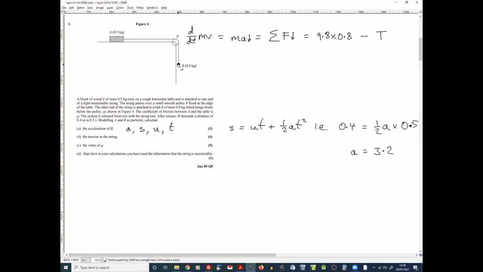So the effect of the friction at A is communicated through the wire. So B, all it knows about is gravity pulling it down, which kind of contradicts the other stuff I said.